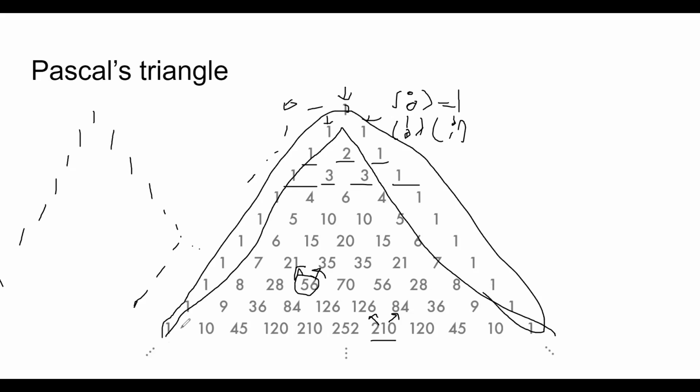This is your beginning, and then fill in the rest by adding the two numbers above it, and you'll get exactly this same thing. Notice that 1 plus 3 goes to 4, 1 plus 4 goes to 5, then 1 plus 5 goes to 6, and so on. And you can check every single number here. It does satisfy this property.